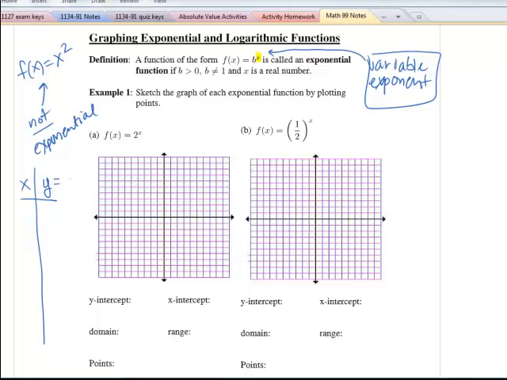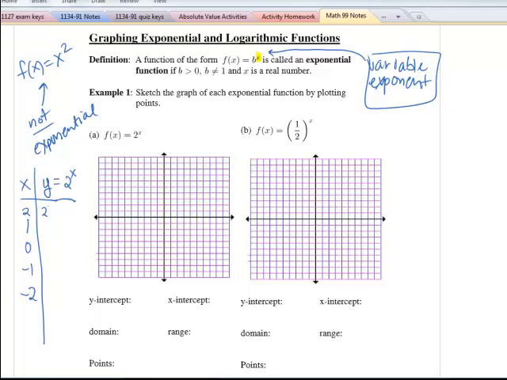So y in this case is f of x, which is 2 to the x. I want to review rules of exponents here. Let's pick 2, 1, 0, -1, and -2 for our x's.